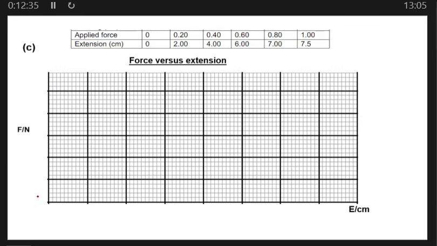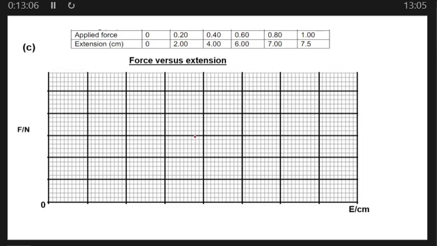So meaning that if we are to put 0 here, then here what value are we going to put? We start with the x-axis here. So we have 0, 2, 4, 6, 7, 7.5. So our lowest value is 0 and our highest value is what? 7.5.